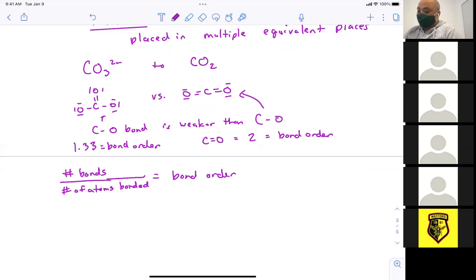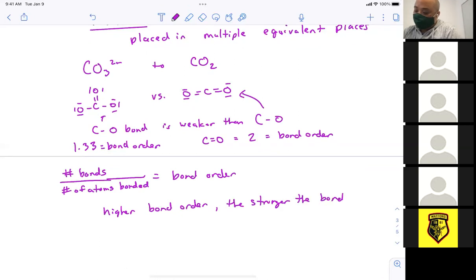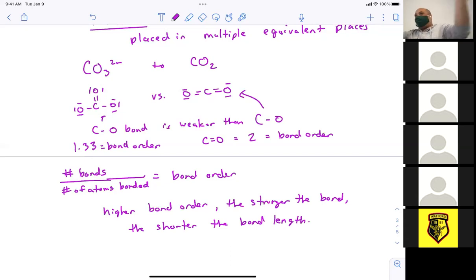So the higher the bond order, the stronger the bond, the shorter the bond length. Because the stronger the bond, the more it pulls the atoms closer together, and therefore it has a shorter bond length. All those things are related to each other. And the IB likes asking about that too, SL or HL, because this is an SL topic.